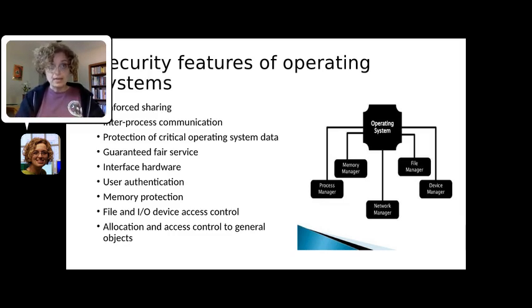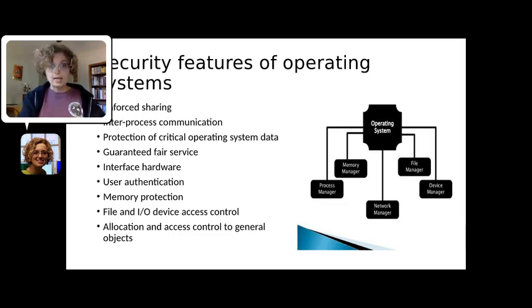Now, device access control, input-output device access control, and file access control. Again, we have discussed this also when we were discussing access controls early in the semester. And this one has to do with protecting user and system files from unauthorized users. And we've discussed even in the beginning of the semester how this is implemented in the two major operating systems, Linux and Windows.